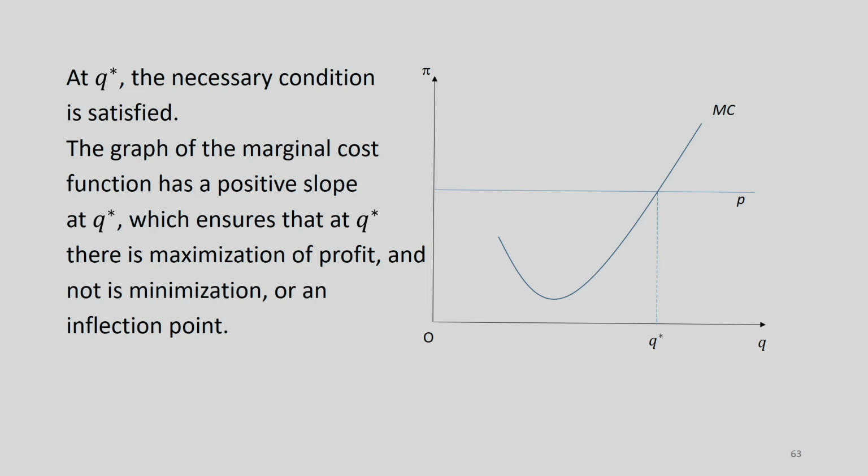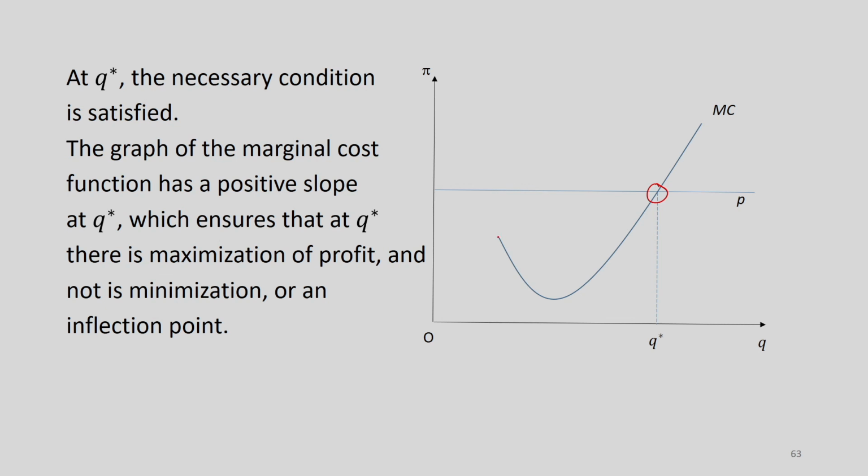This was the diagrammatic exposition of these two conditions. At this point both conditions are satisfied, the price is equal to MC, and the MC is an upward rising curve at this point. So, the second order condition is also satisfied. So, q star is the point where profit is maximized.